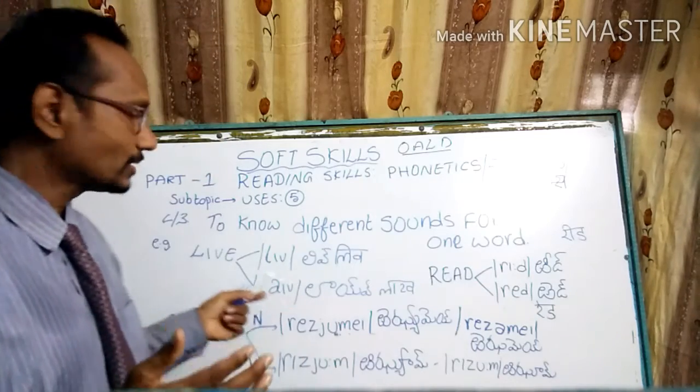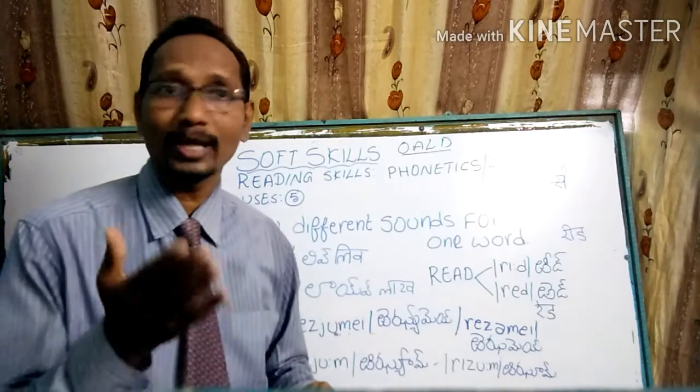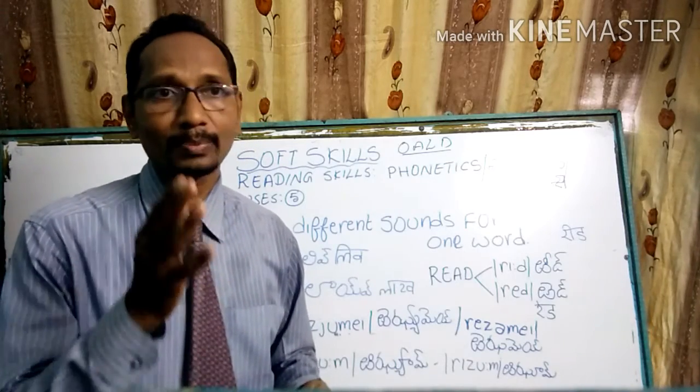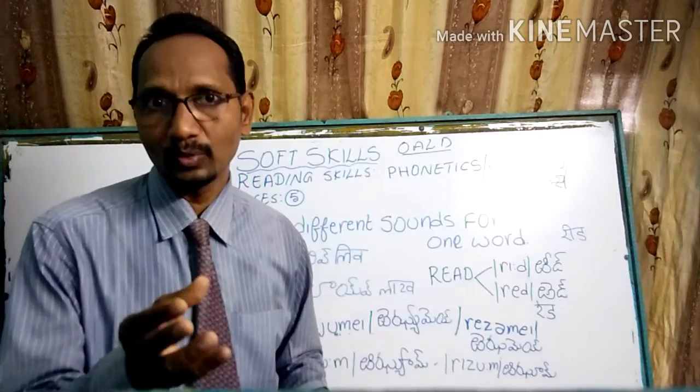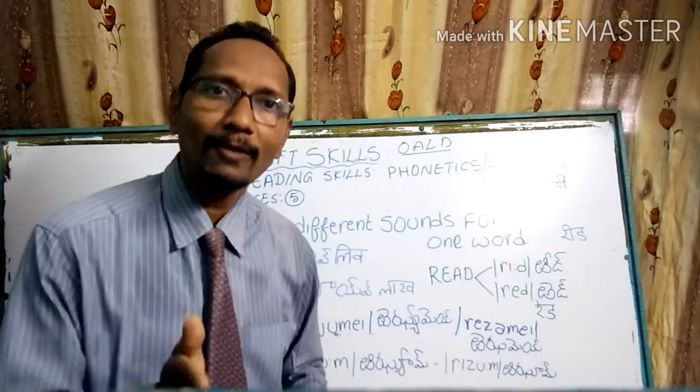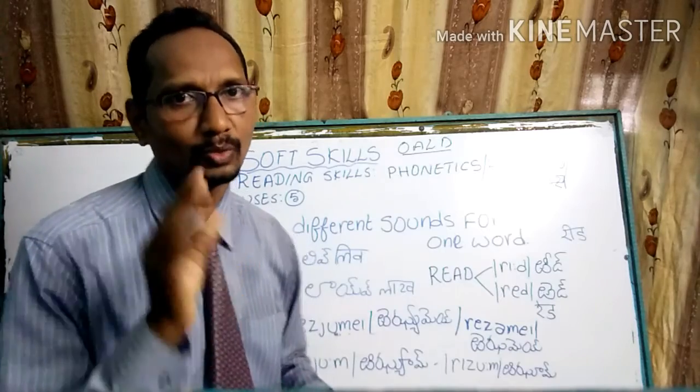If it is live programs, when you watch cricket, that is live. When you watch news, sometimes you find live news. So this word can be pronounced as live or live, my dear students.